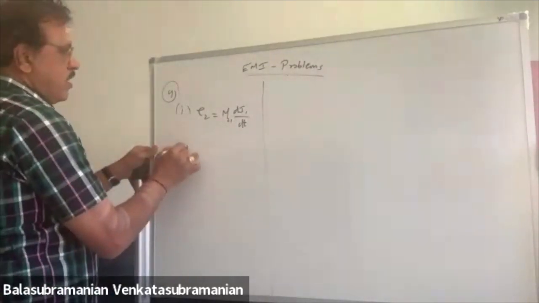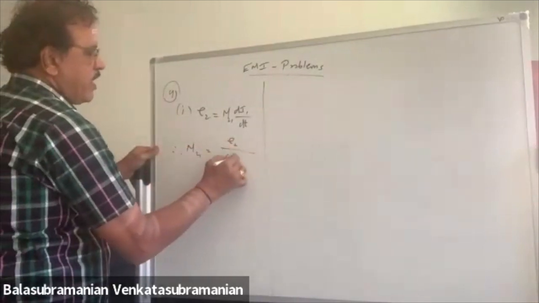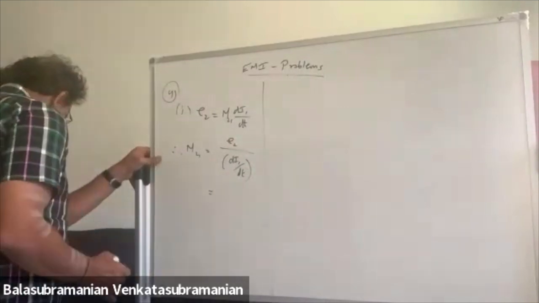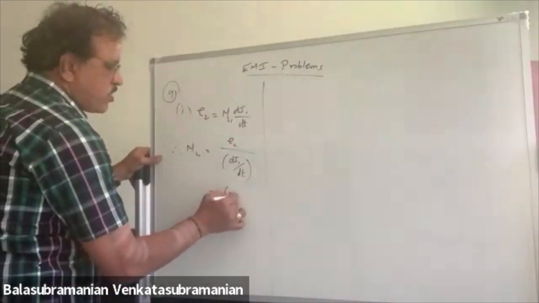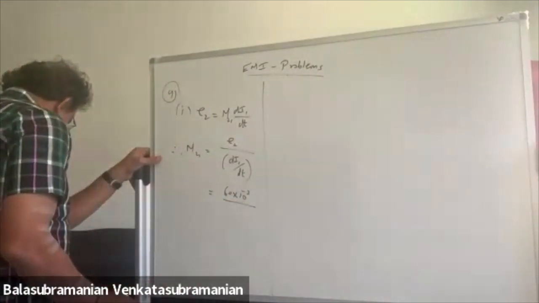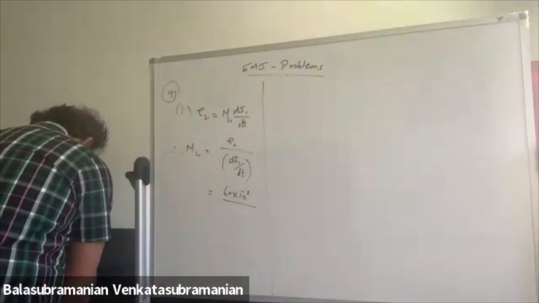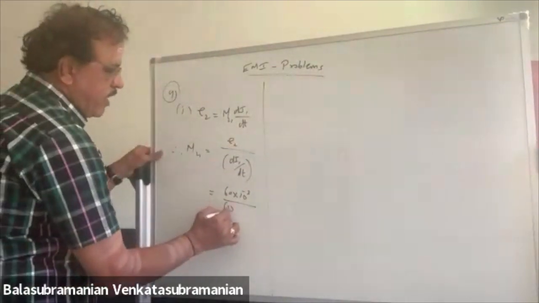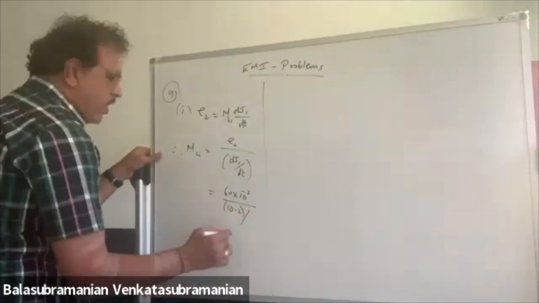Therefore, M is equal to E by di by dt. What is the EMF here? 60 millivolts. Current changes from 2 ampere to 10 ampere, so 10 minus 2 divided by time, which is 0.4 second.